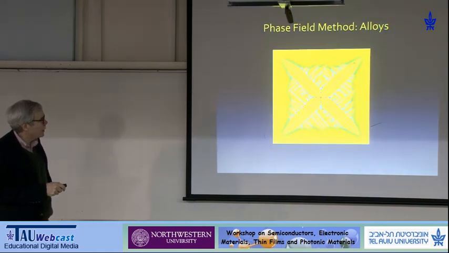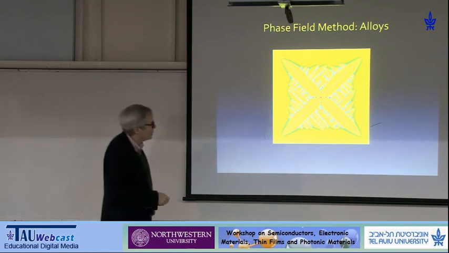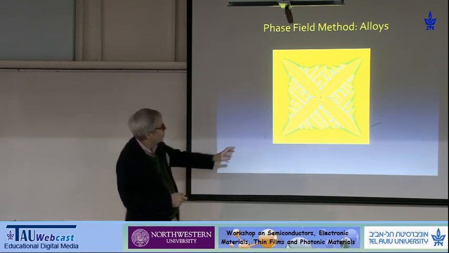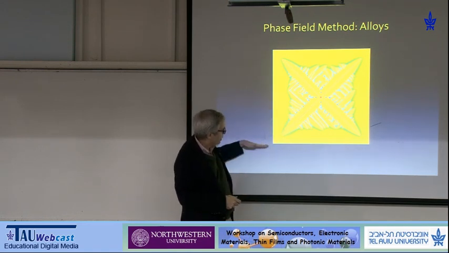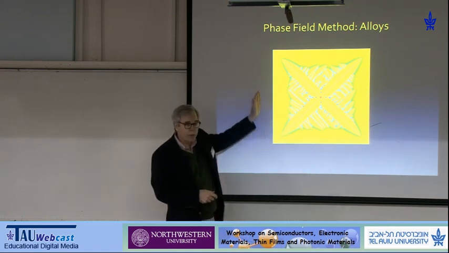David brought up the fourfold anisotropy, and that turns out not to be a problem with these equations, but it turns out to be a problem with what happened in the early stages of phase field models. You notice the orientation of this dendrite is not along the XY directions of the grid.